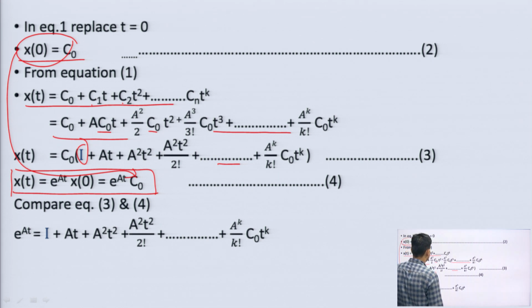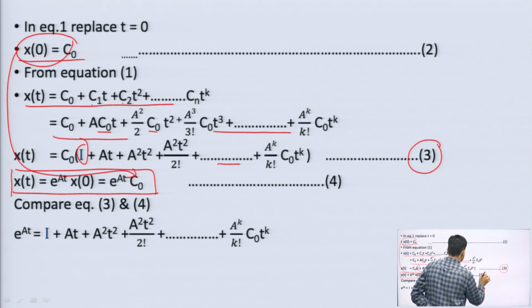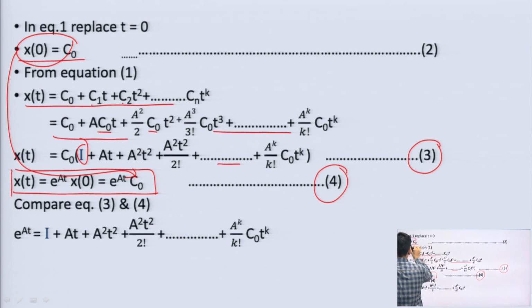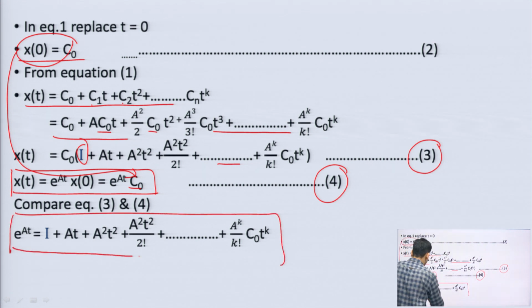We need to compare equation numbers 3 and 4. This equation is coming from the previous case, that is x t equal to e raised to A t times x 0, and this x 0 is related to c naught. After comparison, we get this expression. Simple comparison method.